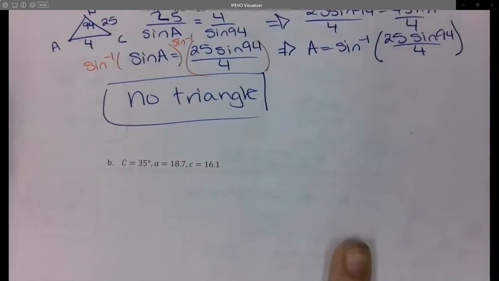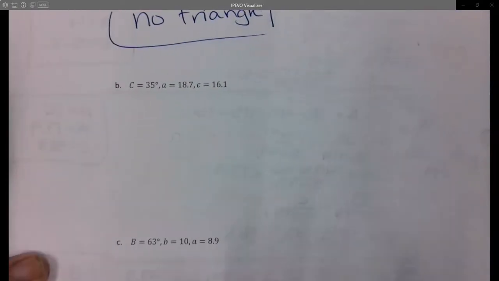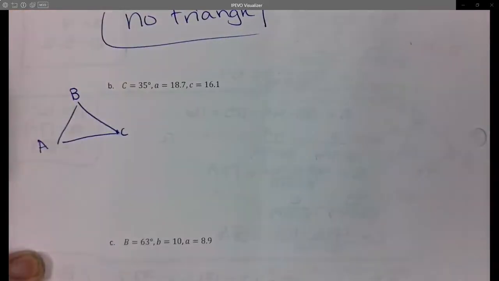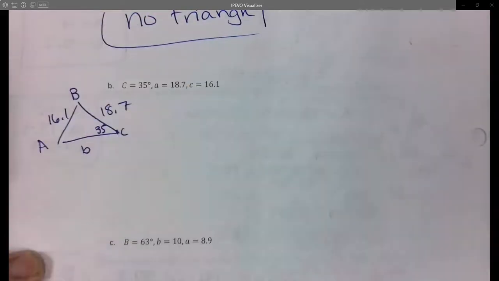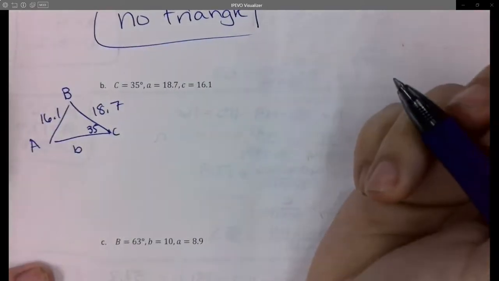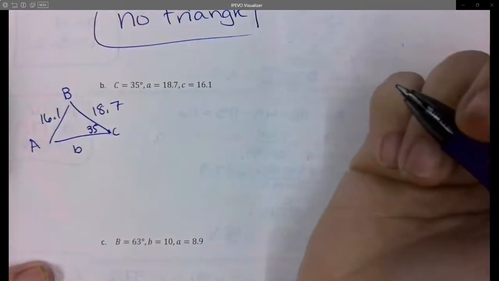Okay. So moving on to B, I want to start this off the same. This one tells me B is 35, A is 18.7, C is 16.1. So I'm going to need to solve for my side length B and my angles A and B. I have my A, so that's going to be the side and angle measure I'm starting to solve for.